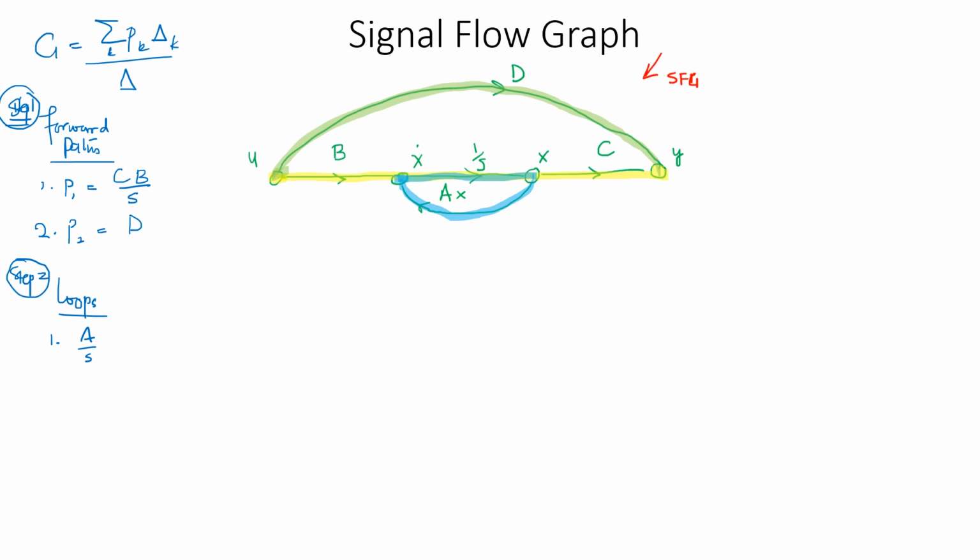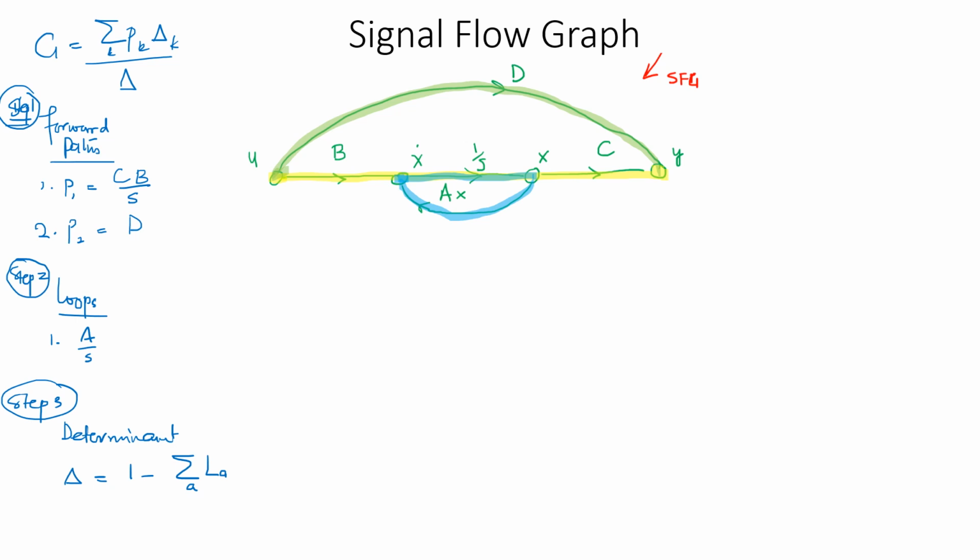Now moving on to step number three, you have to compute the delta or the determinant. This determinant was defined as delta, which was equal to 1 minus the sum of all the individual loops.